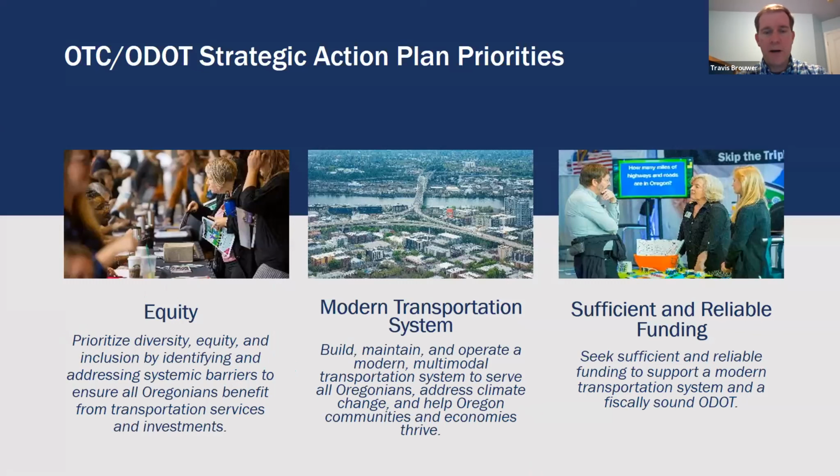Last time I was here, I shared with you about the strategic action plan that the commission is developing, where they've laid out in concert with ODOT 3 priorities: equity, creating a modern transportation system, and sufficient and reliable funding. I bring these back to you just as a reminder that this is what the commission is going to be working to achieve through the STIP funding allocation.